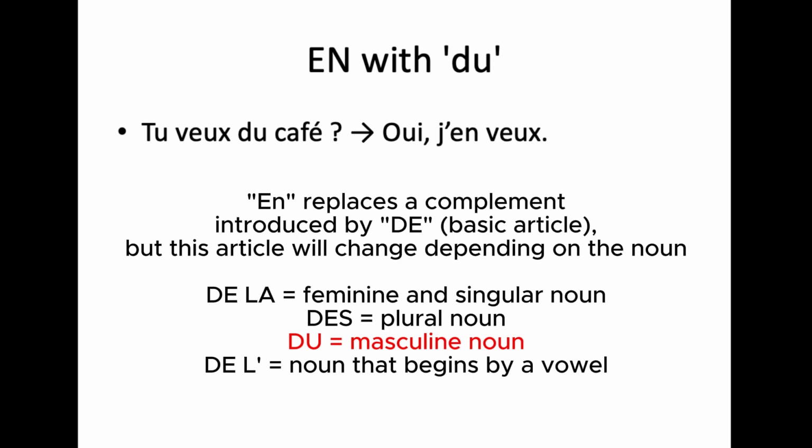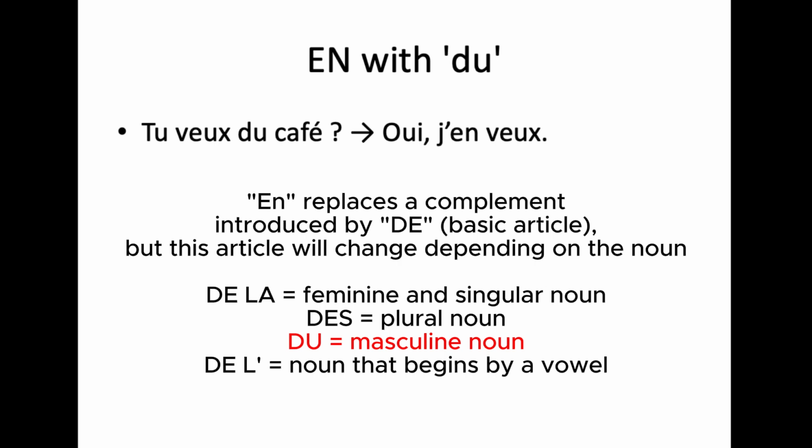Oui, j'en veux. And there, this pronoun en is just there so the person responding doesn't have to use the complement once again. It's just a way to replace a complement that we already mentioned, because if we were asking the question, tu veux du café?